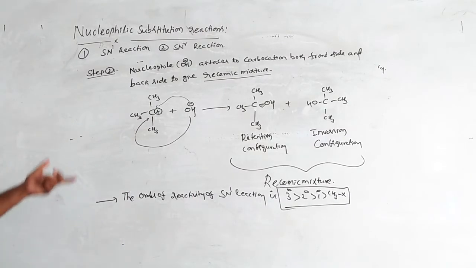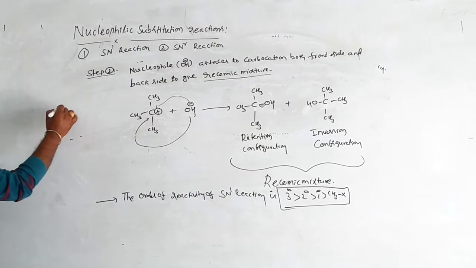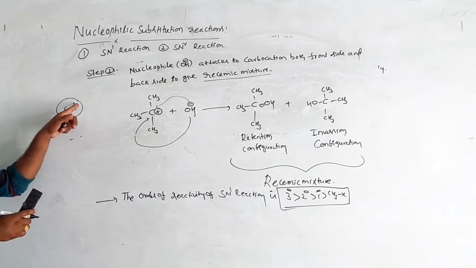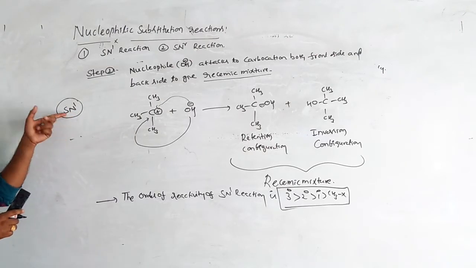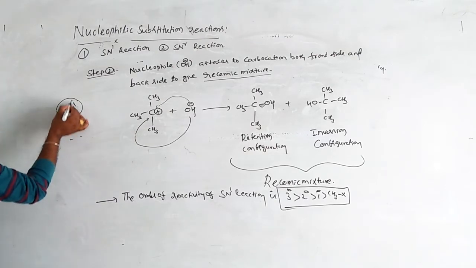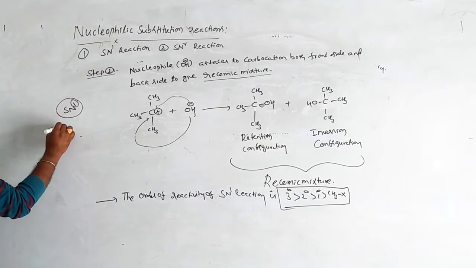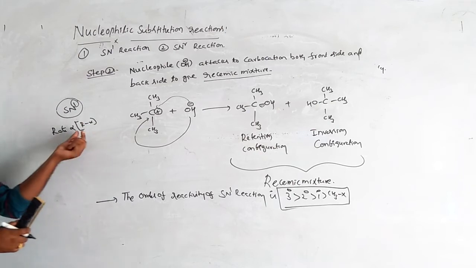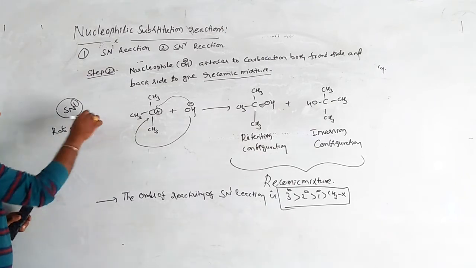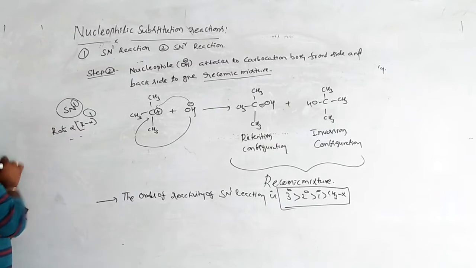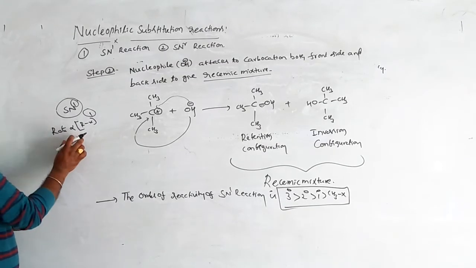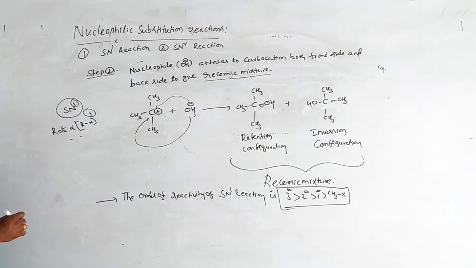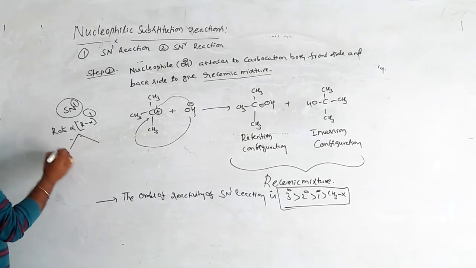Okay, understand, students? Once again, I explain. SN1 reaction means unimolecular nucleophilic substitution reaction. The rate of reaction is directly proportional to the concentration of alkyl halide. So the order is 1, hence it is known as first order kinetics. Hence it is called unimolecular nucleophilic substitution reaction. It involves two steps.